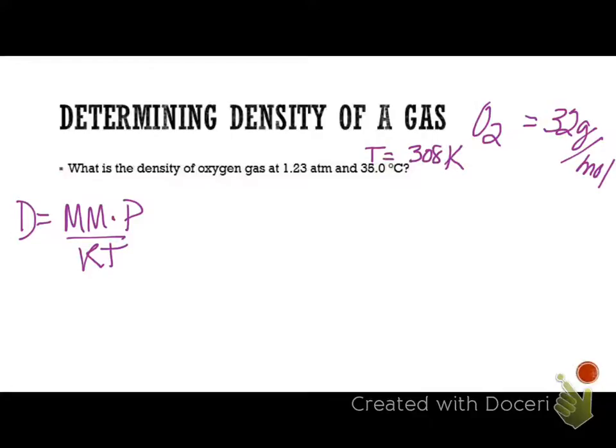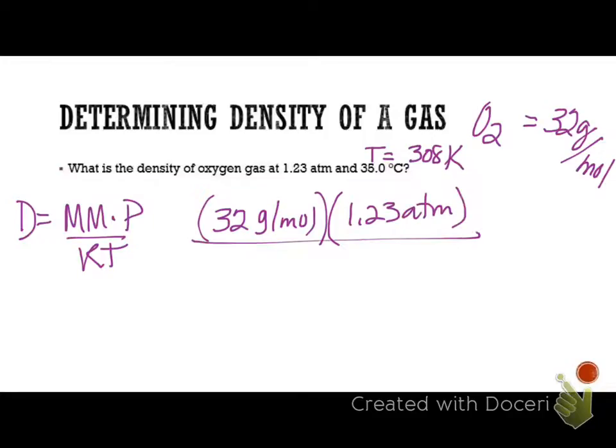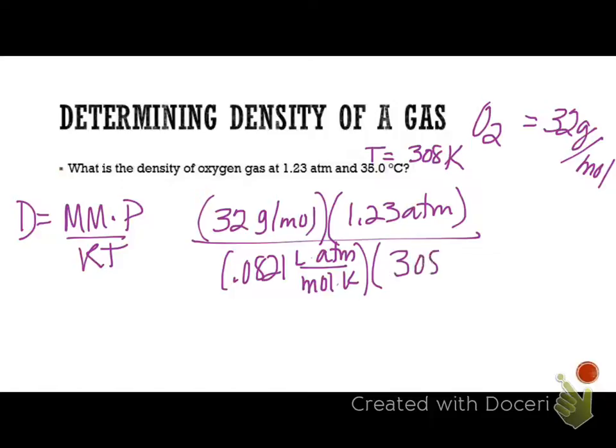So now let's plug it all in. 32 grams per mole times the pressure, which was 1.23 atmosphere, divided by R, 0.0821 liters times atmosphere per mole times K, and then our temperature of 308 K. So we do all that math, we cross out our moles, we cross out our atmosphere, and we cross out our Kelvin, and we're left with grams over liter.